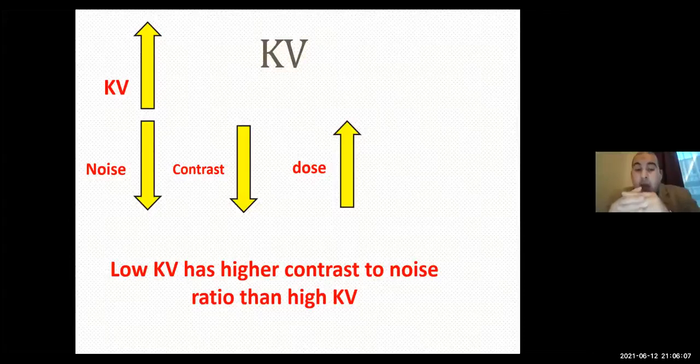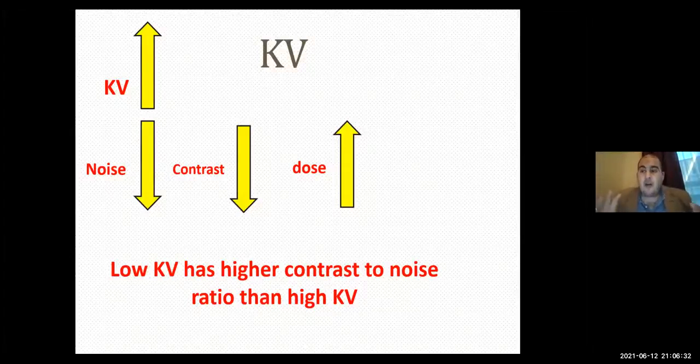Someone can ask me now whether lower kV will affect the image noise. Yes, you are right. Lower kV will make the image noisier, but the contrast becomes higher than with higher kV. So the contrast to noise ratio in case of low kV is higher than the contrast to noise ratio in case of higher kV.